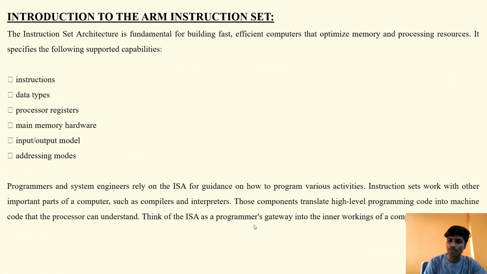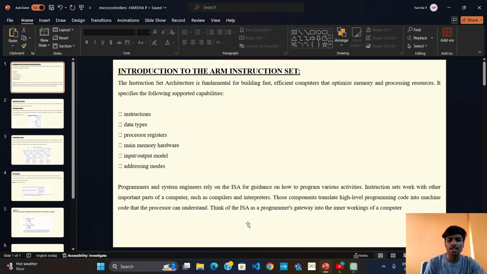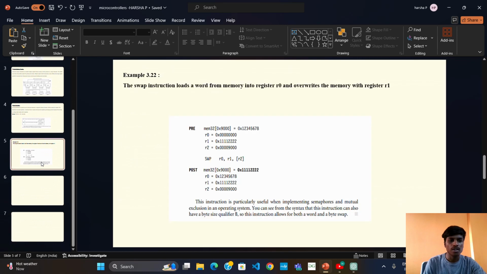Instruction sets work with other parts of a computer, such as compilers and interpreters. Those components translate high-level programming code into machine code that the processor can understand. We think of the ISA as a programmer's gateway into the inner workings of a computer.